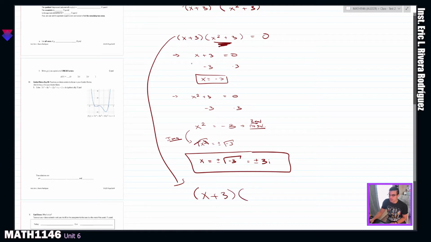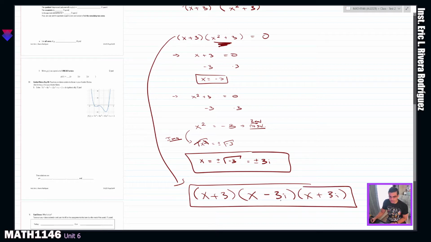But now, x squared plus 3 can become: remember we have two, plus and minus. So x minus positive 3i, and then x minus negative 3i is going to be x plus 3i.